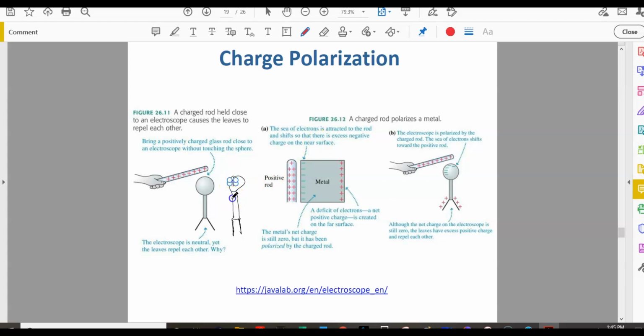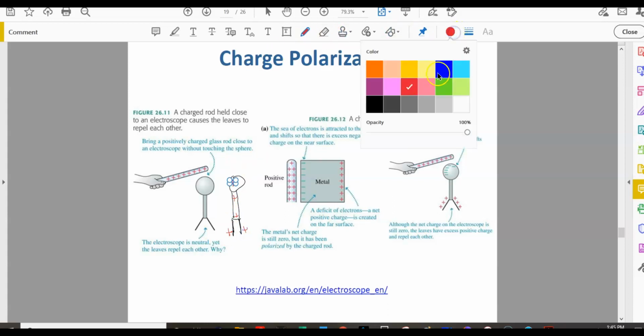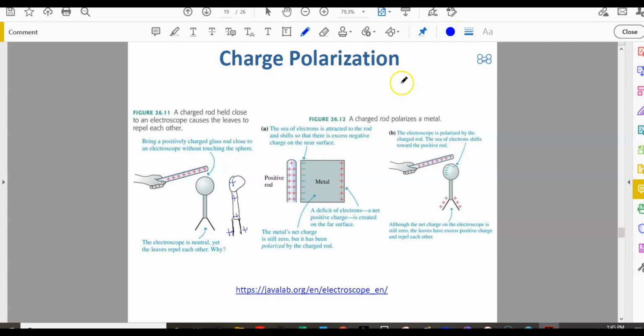So it's neutral. And then I'm going to draw the electrons. So it's got, for every proton there's electrons, so it's nice and neutral. Okay, nothing's going on. Now it's really beginning to look like a person.